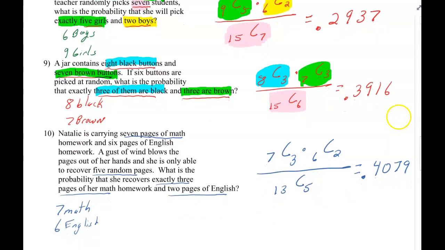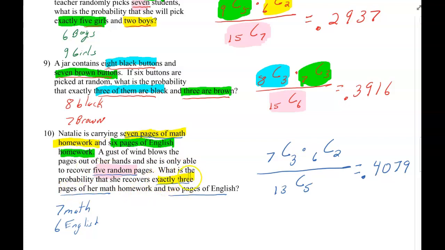Okay, the last review question here. Natalie is carrying 7 pages of math homework and 6 pages of English, so there's a total of 13 pages. There's a large gust of wind that blows her papers out, and she's only able to recover 5 of them. So what is the probability that she recovers exactly 3 pages in her math?